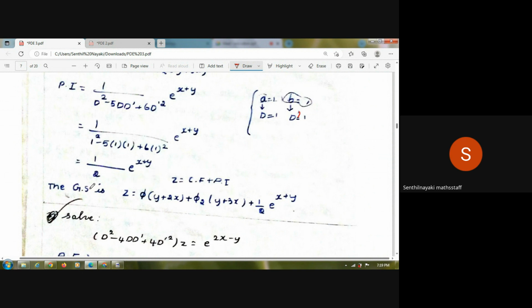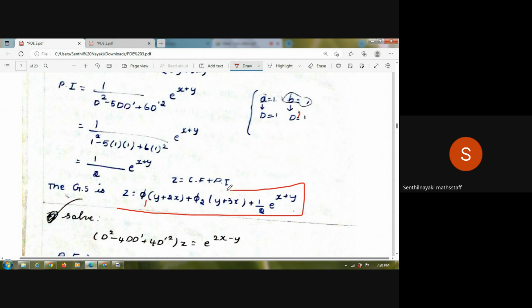Therefore the general solution is, why are we saying this is a general solution? In the very first class we discussed three different types of solution: complete solution, singular solution, and general solution. Why do we call it a general solution? Because the arbitrary functions are present in this solution.